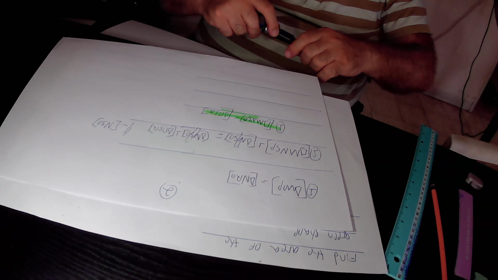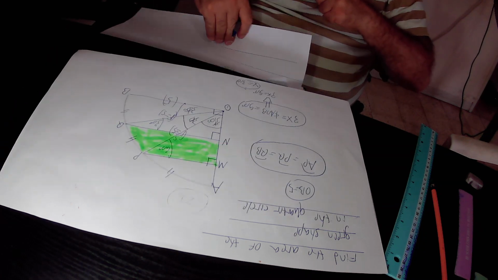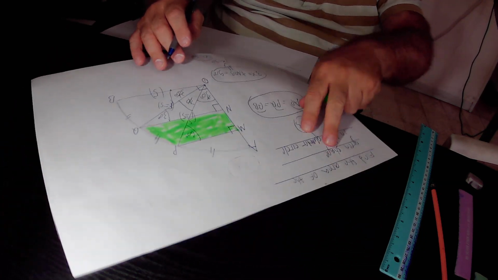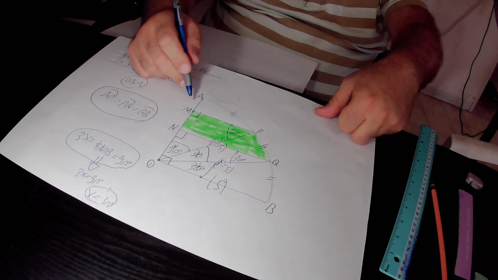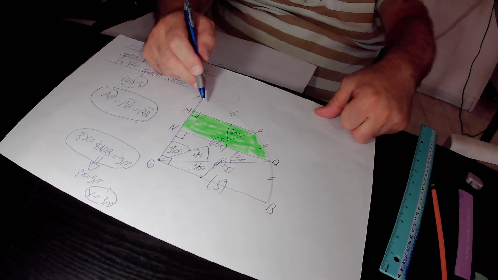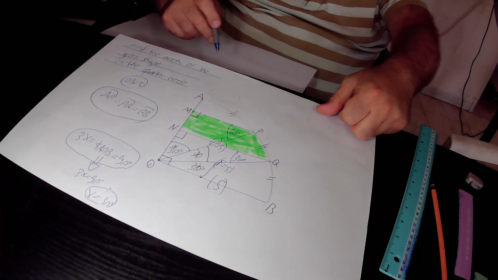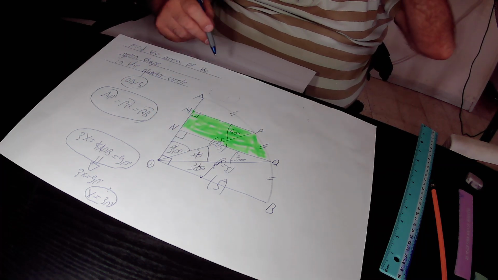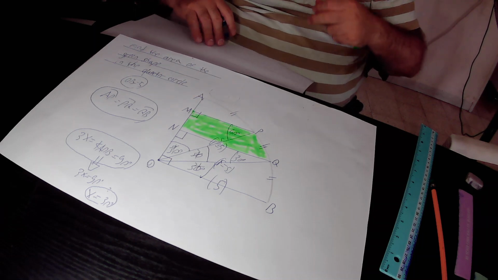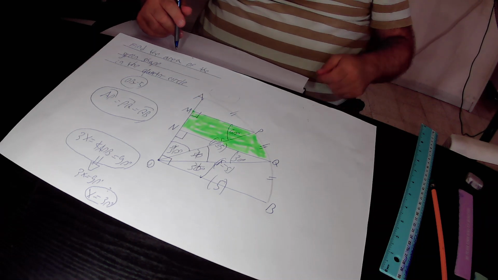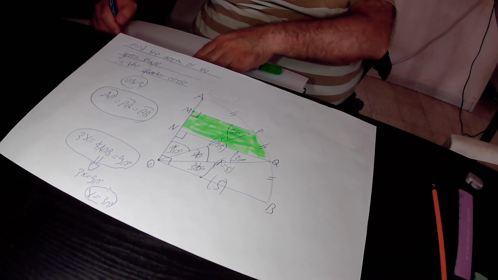So we actually found out that the area of this green quadrangle MNSP is equal to the area of this triangle SOQ. Our mission is to find out the area of this green shape. So, what is the area of the green shape?